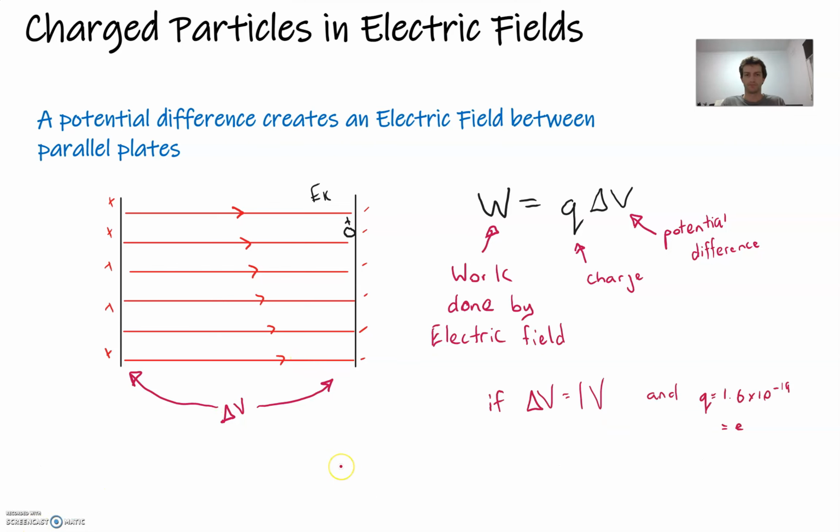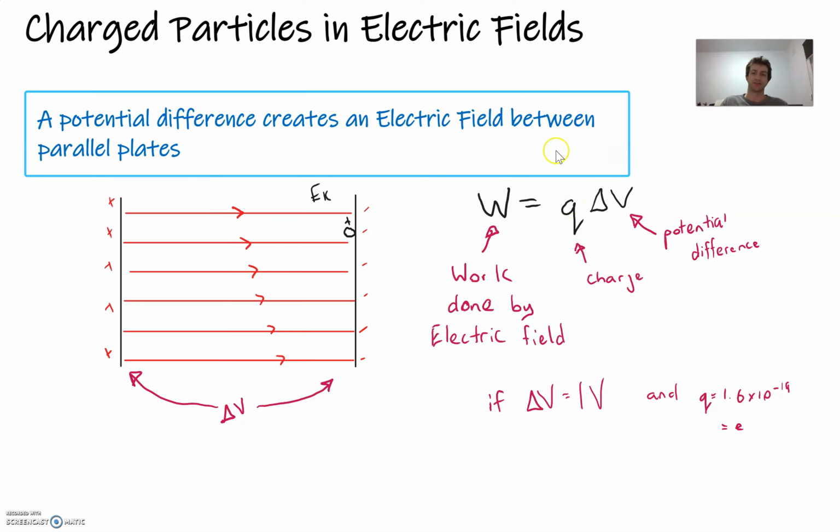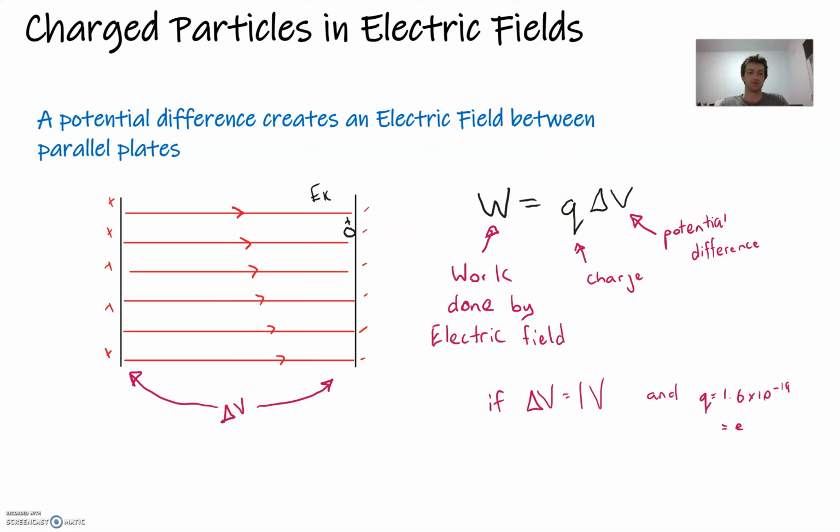There we go. Now, this equation is also useful in telling us what an electron volt is. If we have the potential difference as just 1 volt and the charge being that of an electron, 1.6 by 10 to the power of minus 19 coulombs, which is the charge of an electron, we can calculate how much energy that would be.